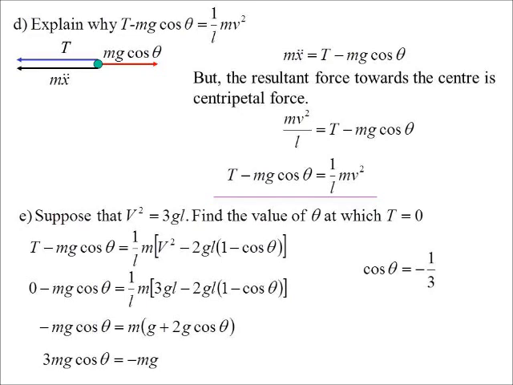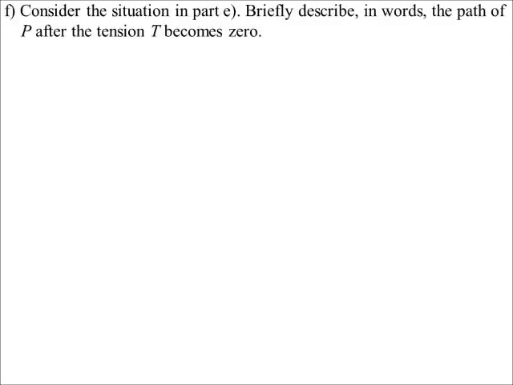They've said find the value of theta. So it's about 1.911 radians. Consider that situation. Briefly describe in words, because you love doing it, I know you do, the path of P after the tension T becomes 0. It's projectile motion.